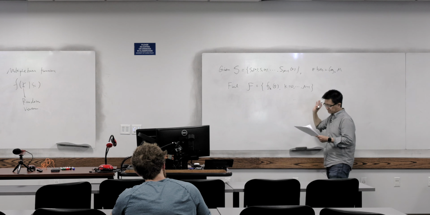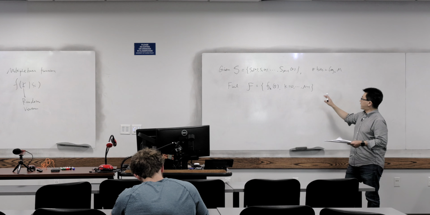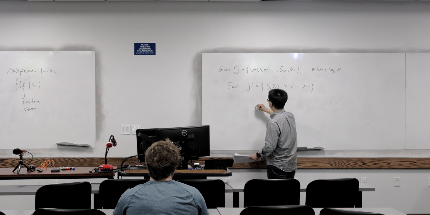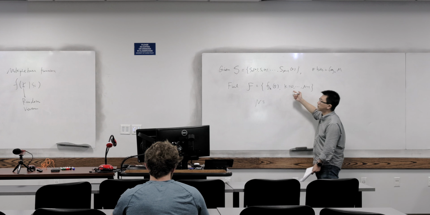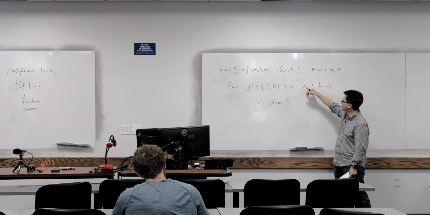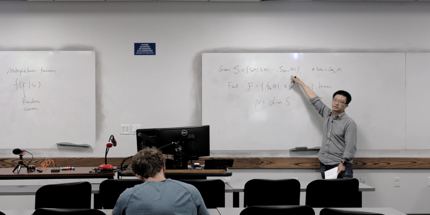We assume the number of basis functions is capital N, and it's a basis, so N is the smallest such number. We define this N as the dimension of our signal space of S.